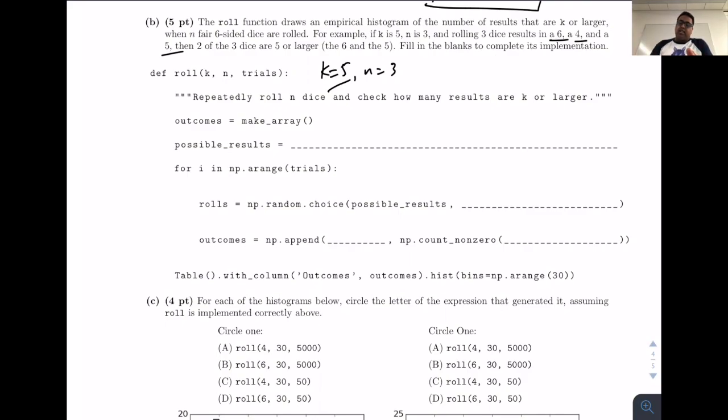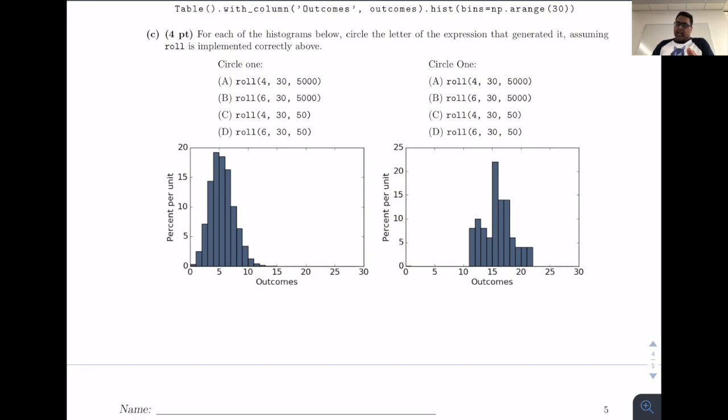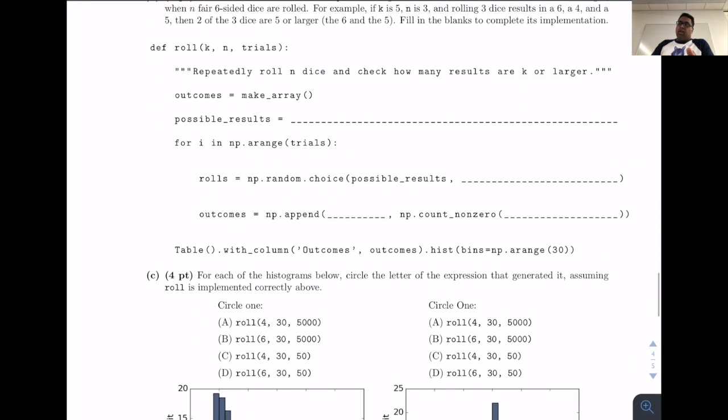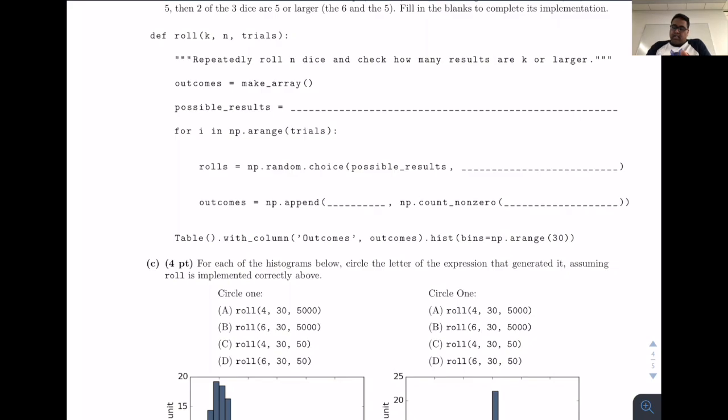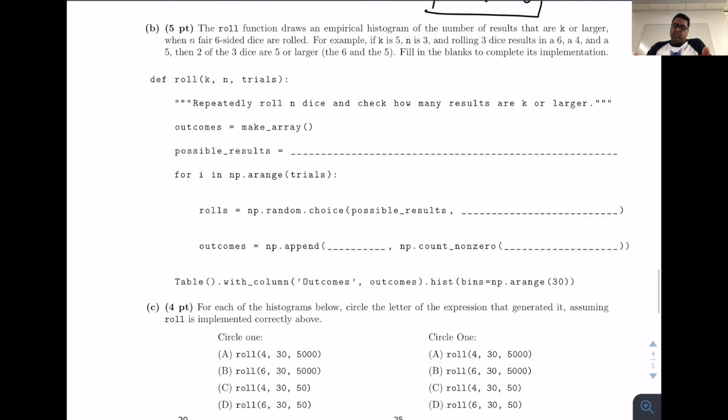So we're interested in the number of times we get a value that is greater than or equal to k. And we're going to repeat that process trials times, and then get into some sort of a histogram about that. But that's the second part of the question. Right, so what are the possible results when we roll a die?